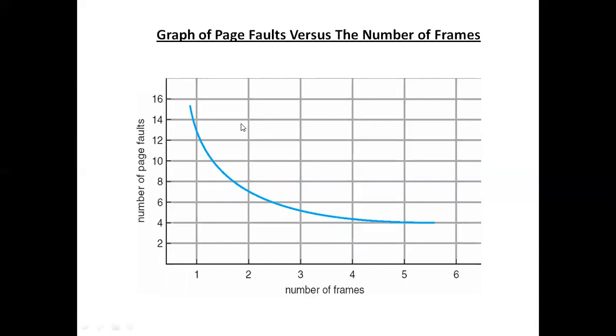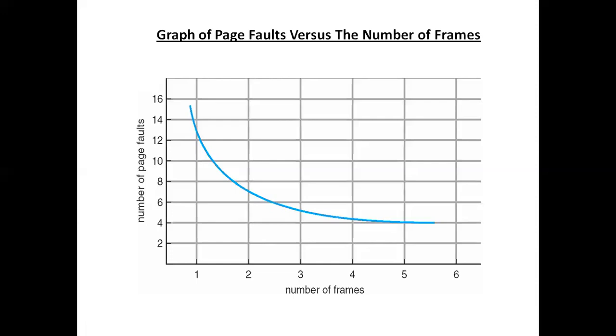If it is invalid, go to the disk, get the page and place it in the free frame, right? So if the number of frames is larger, then the number of page faults would be less. If there are free frames available, you can bring the pages you want to execute beforehand, or you do demand paging.